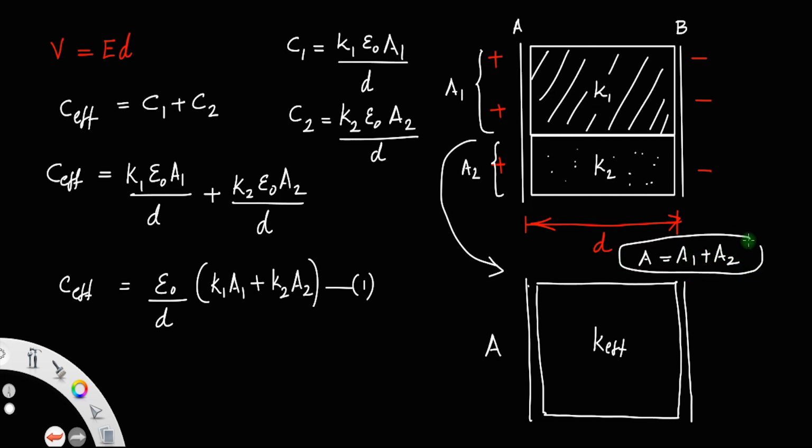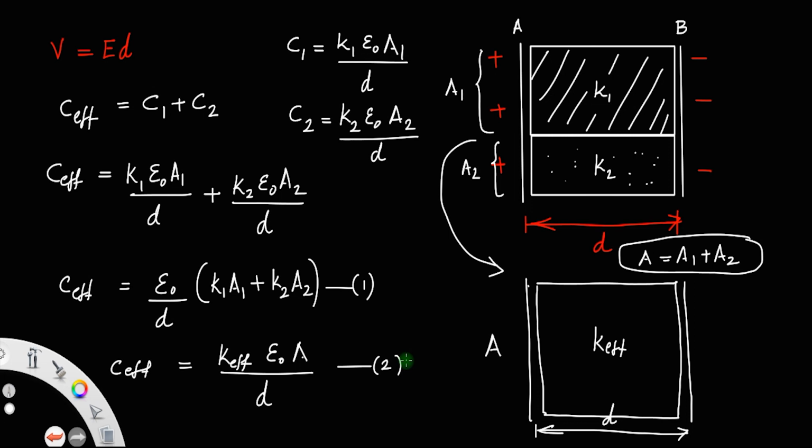Clear? If you add these two areas, that will be the area of this plate, or the area of the cross-section of this dielectric. And the thickness, as usual, remains the same. The thickness will be D. So C effective will be K effective epsilon 0 A divided by D. Let's call this equation number 2.